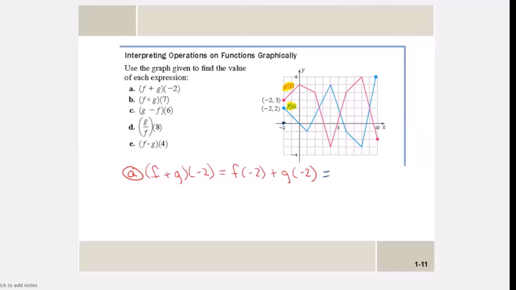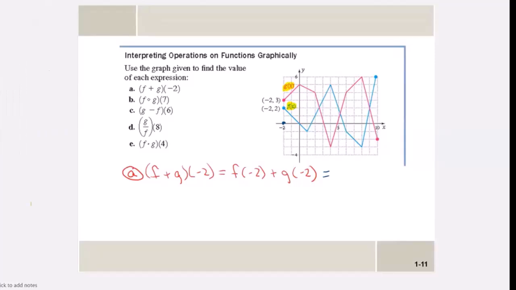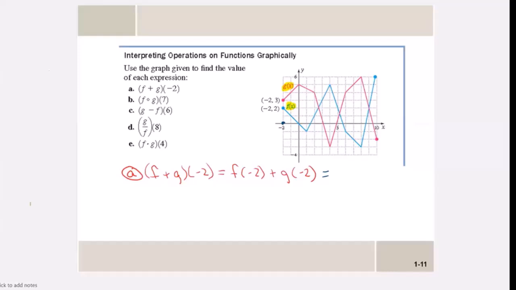Let me get a more vibrant color. Okay, so here's -2. And f of -2 is right here because it's going to be on the blue graph.